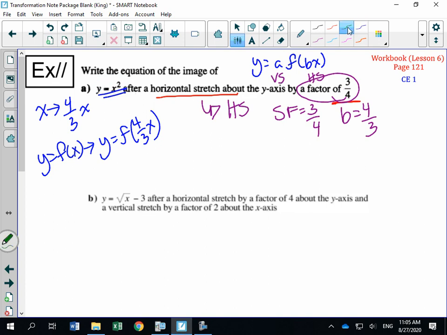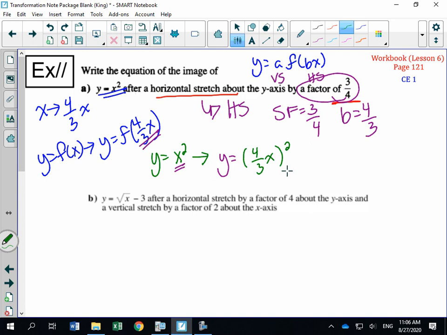So what we have to do in this case is, y is equal to x squared. We need to take out this x and put in 4/3x. So that's going to be y is equal to, take out that x and put in 4/3x. Okay, so that goes within the function, so my squared is on the outside.